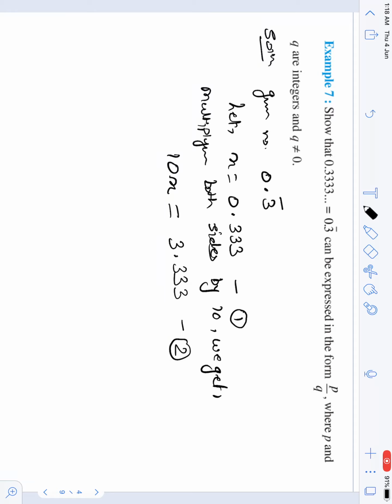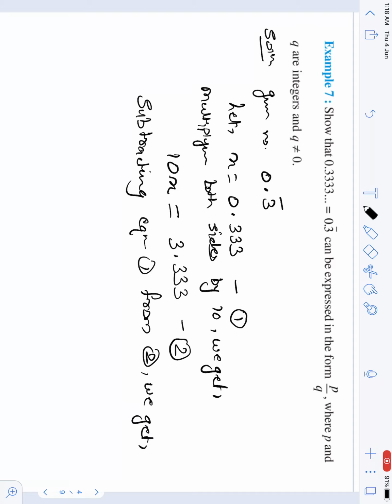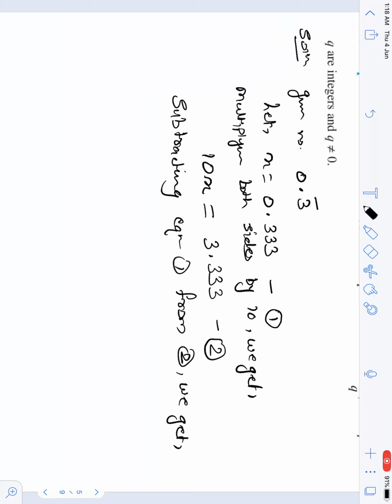Now we have two equations in front of us, 10x equals 3.333 and x equals 0.333. Our next step is to subtract equation 1 from equation 2. As we have to subtract 1 from 2, we write equation 2 first.